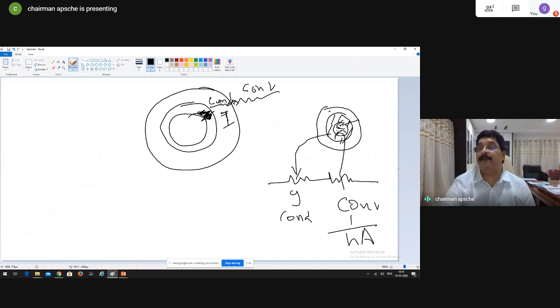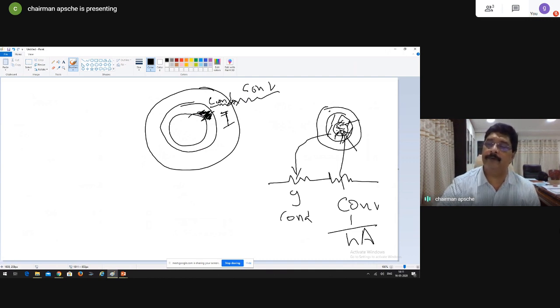Now what is happening when you're going for inside insulation, if you increase the thickness of insulation, the inner radius decreases. That's because it shrinks. Inner radius decreases. When inner radius decreases, area decreases. What is area? 2 pi r L. So if you go on adding insulation towards inside, look at the arrow.